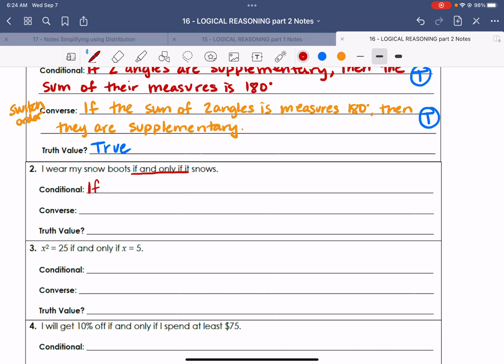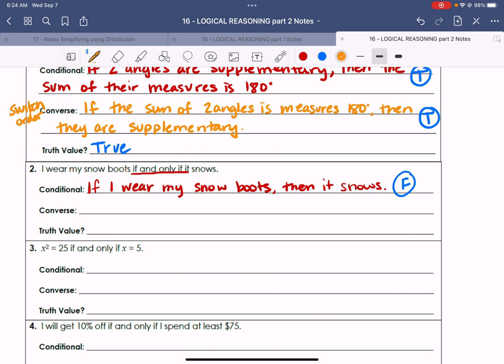If I wear my snow boots, because we are so used to wearing snow boots in Texas, then it snows. Is that true? Do our boots control the weather? No, just because you wear your snow boots doesn't mean it's going to snow. So that is false.